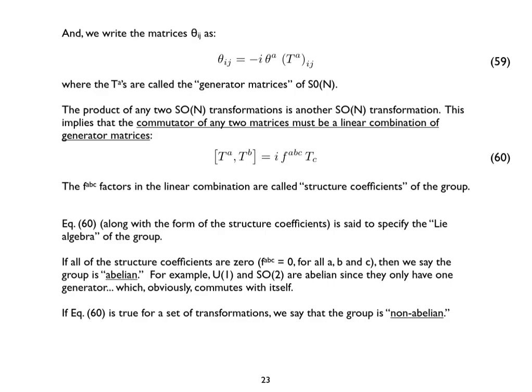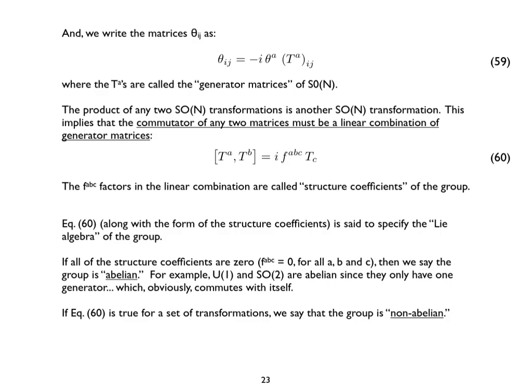So this specifies the Lie algebra, okay? In the case where these transformations commute, in other words, the right-hand side is 0, we call these abelian symmetries. I don't know where these names come from, but those are called abelian symmetries.